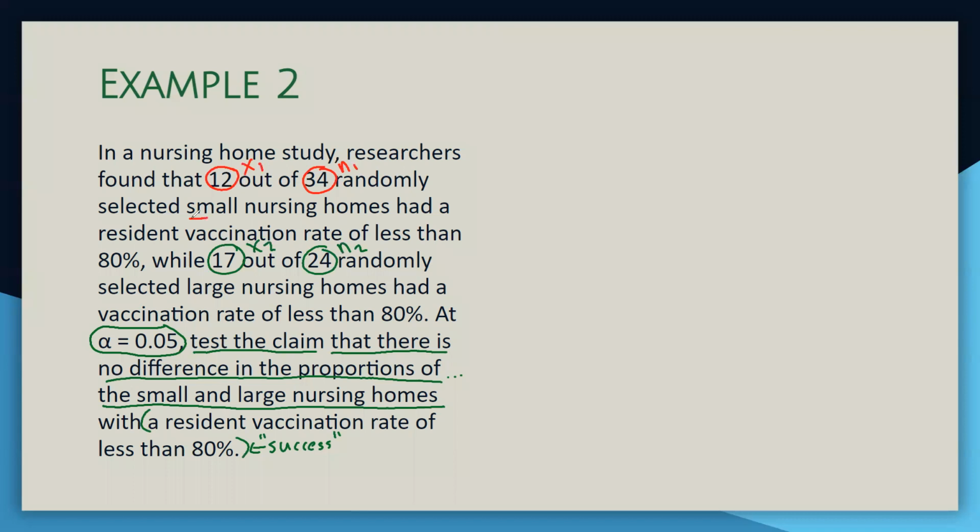Our sample 1 is the small nursing homes, and our sample 2 is the large nursing homes. So let's go ahead and summarize that information in a table. So we know we're given X and N. We know we're probably going to want P prime if we're using GeoGebra. And then we're dealing with small nursing homes, which are sample 1, and large nursing homes, which we're calling sample 2.